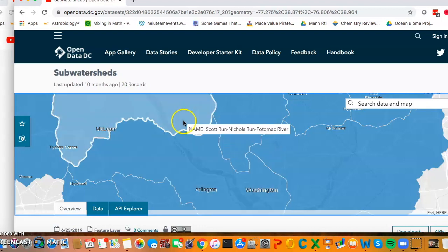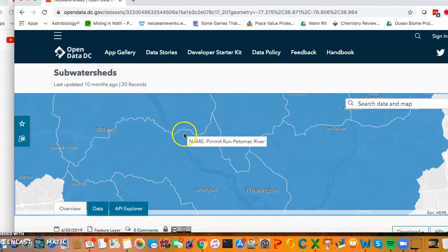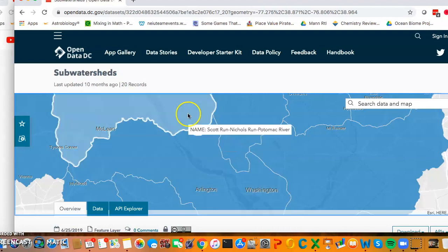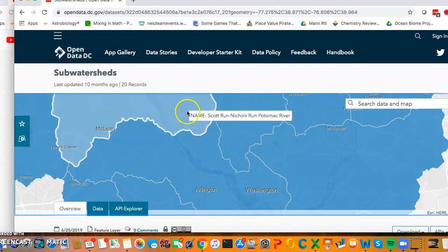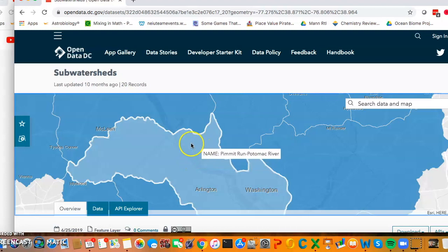Notice they both have the words Potomac River because they're both going to flow into the Potomac River. It basically means that the high land drains to one particular creek here, which is called Scott Run and Nichols Run, whereas here, the high land means that the water is going to drain into Pimmit Run.